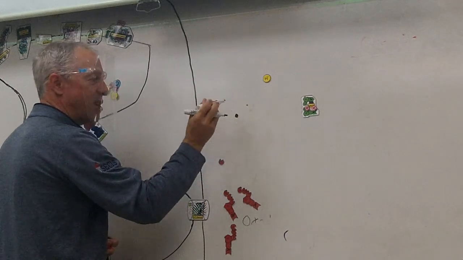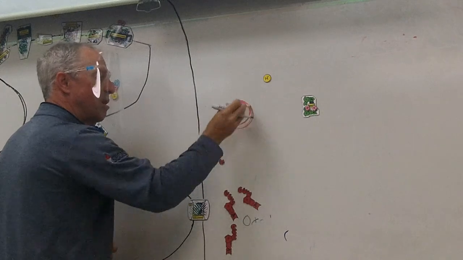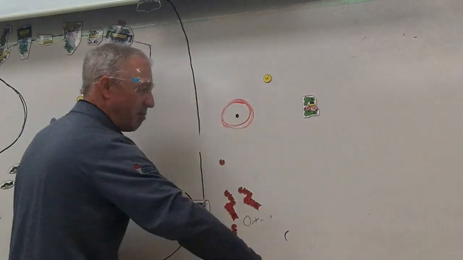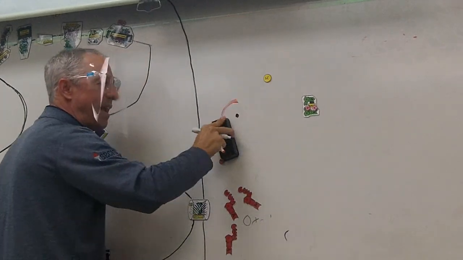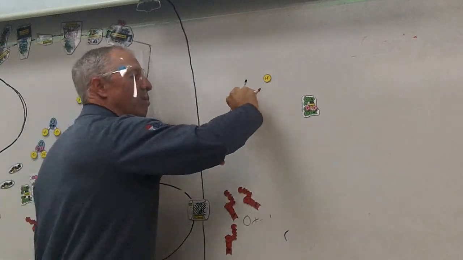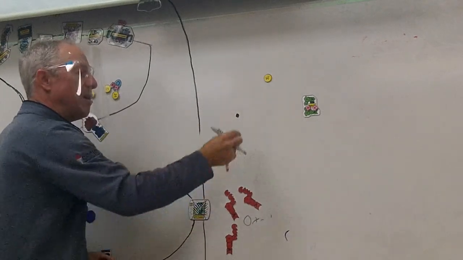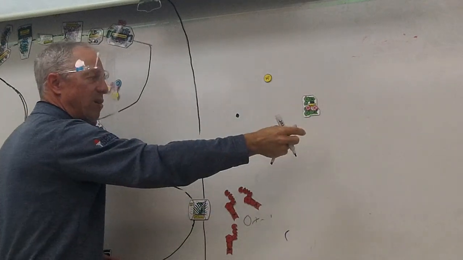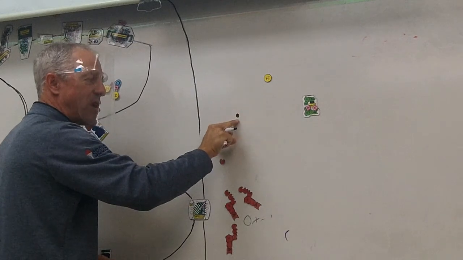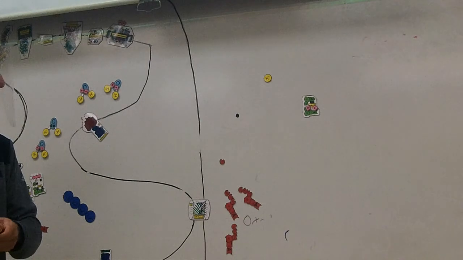If you take the electron away, you have a hydrogen ion. An ion is when you remove an electron from an atom or add an electron to an atom. In this case, we remove the electron, and now it's just a positively charged proton. That's a hydrogen ion.